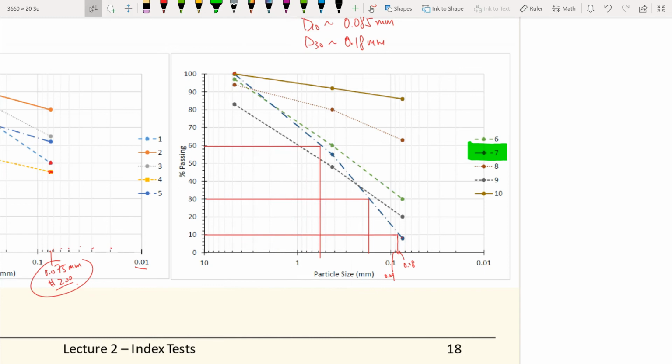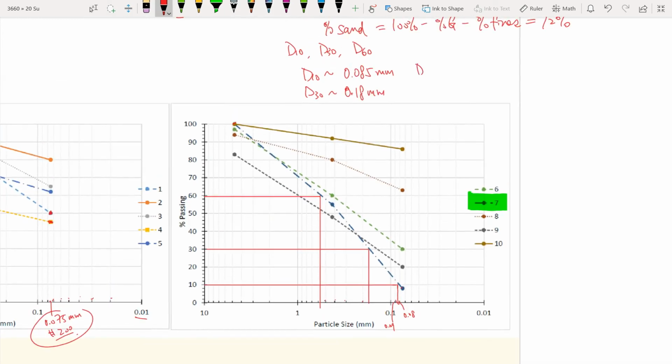D60 will be about 0.1, 0.2, 0.3, 0.4, 0.5, about 0.59. So D60 is about 0.59 millimeters.